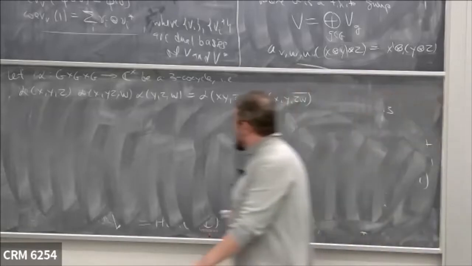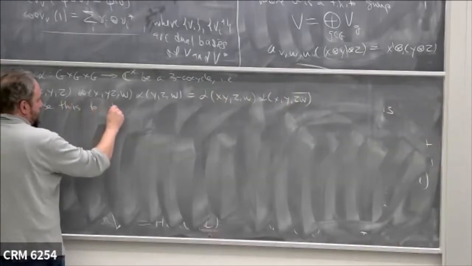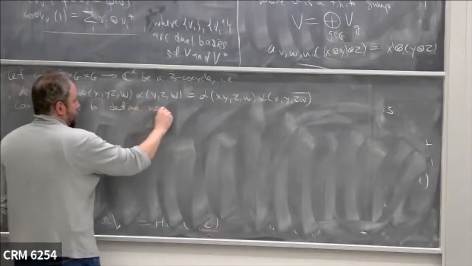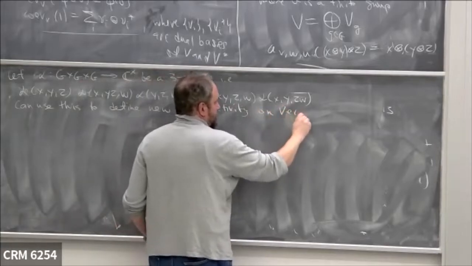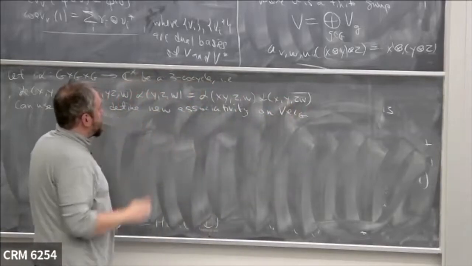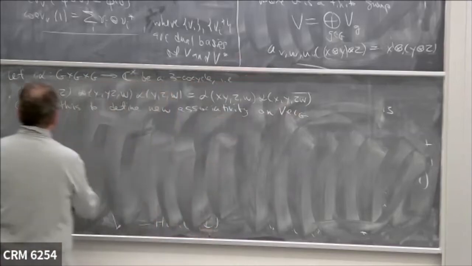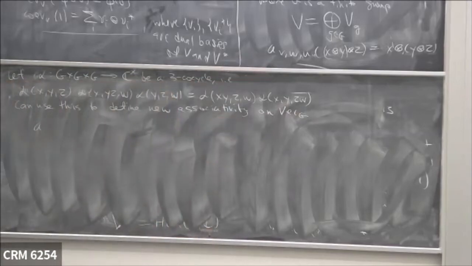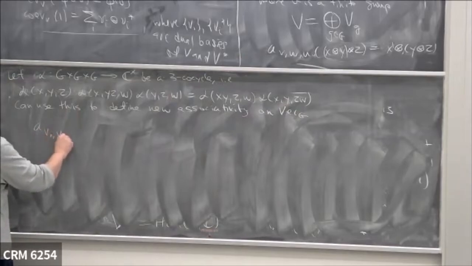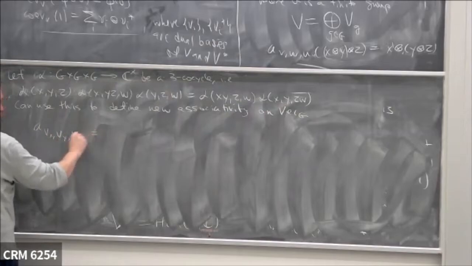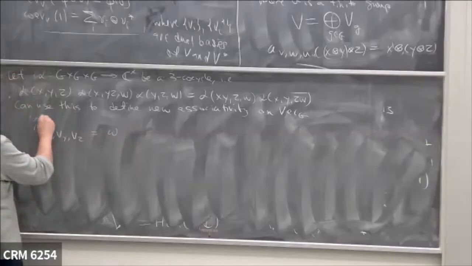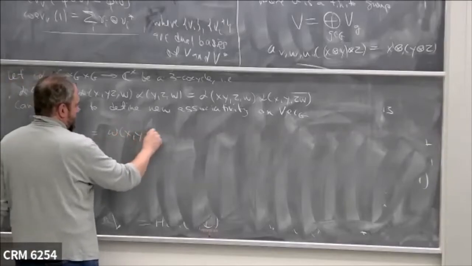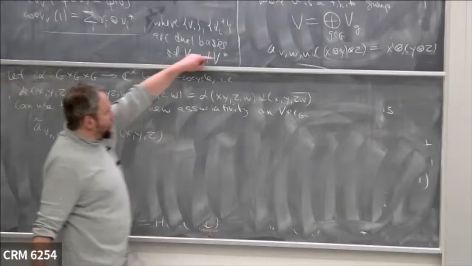So we can use this to define a new associativity on Vec_G. Namely, I'm going to take this map, and on homogeneous spaces, let's say V_x, V_y, V_z, this will be omega tilde, alpha of x, y, z times this usual associativity.